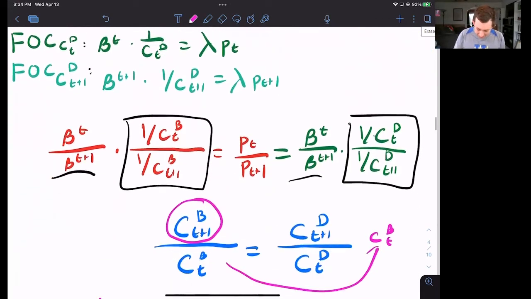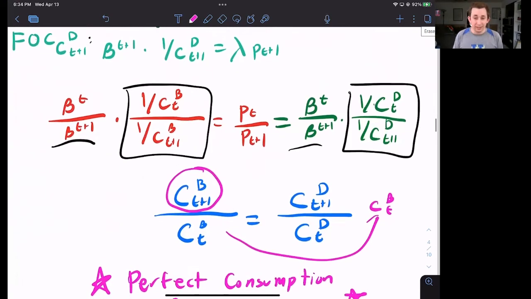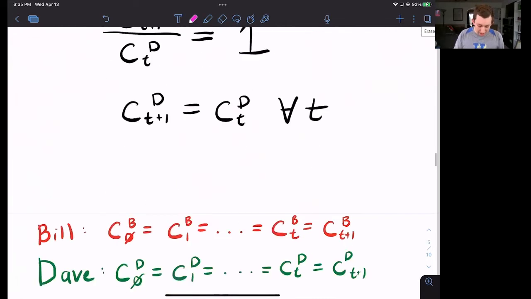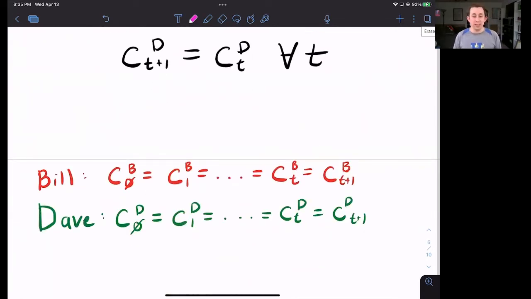We set it up this way, and we found, either from looking at this Euler equation or from using market clearing, that both Bill and Dave consume the same amount of coconuts every day throughout their entire infinite lifetime.